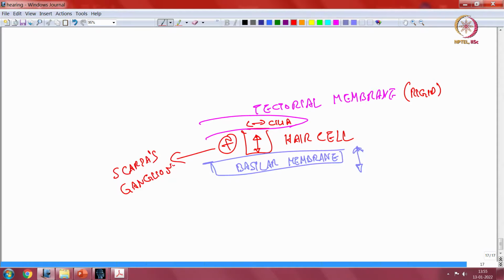So, I think the message conveyed here is these are the fundamentals of hearing. There is a lot of other stuff on how the hair cells are tunable. Hair cells in specific have something called a tuning frequency, something like the cones in vision.